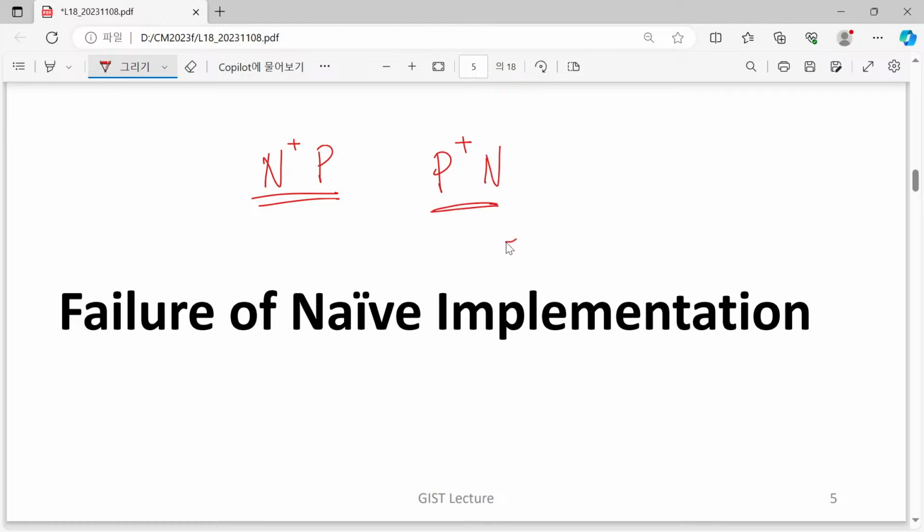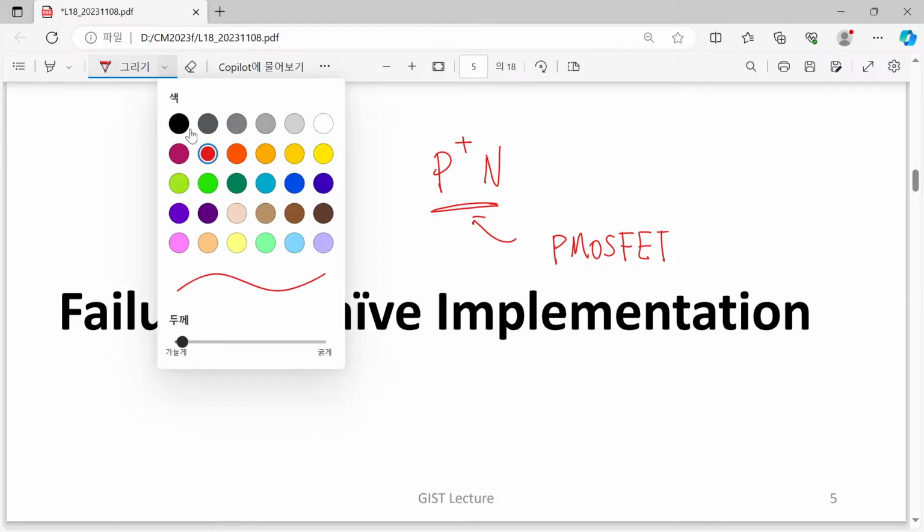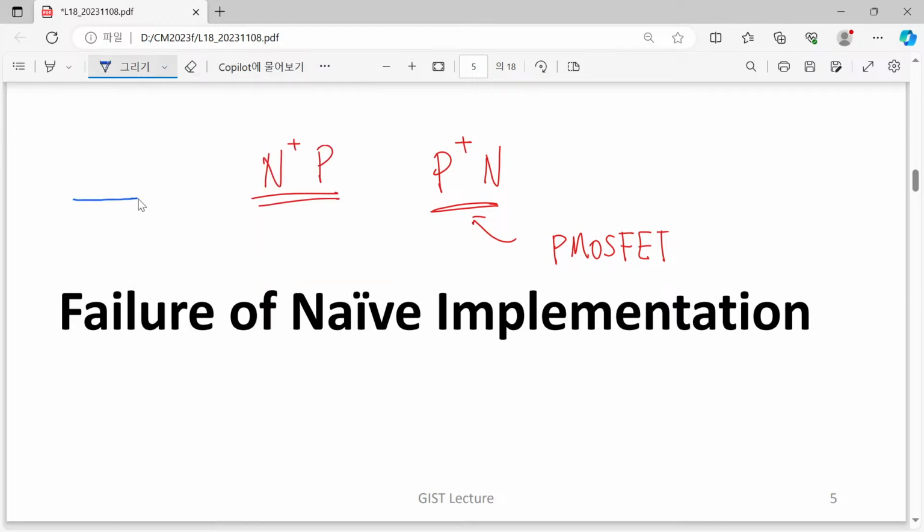So where can you find it? Actually, in your MOSFET transistors, you can find it quite frequently. The n plus p junction is frequently observed in an n-type MOSFET. Here we have a transistor whose source and drain are implemented with n plus regions, and its body or substrate has p-type polarity. Of course the doping density is much higher than the substrate.